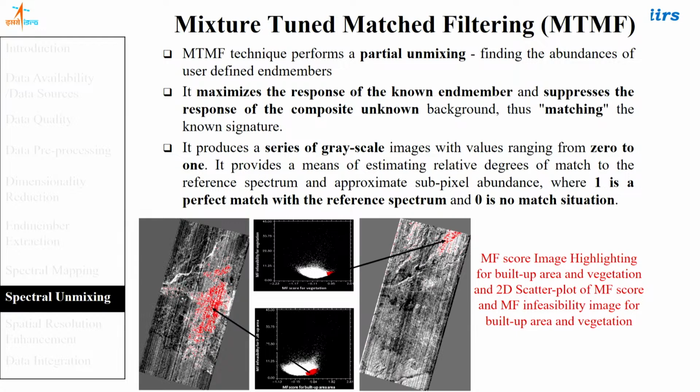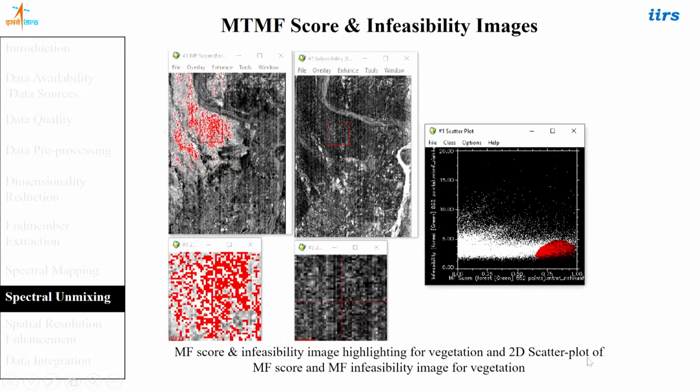So the score should be high and the infeasibility value should be low, then it will be treated as only that feature. Wherever urban is there, you see I have considered high score and low infeasibility value, so urban is highlighted with this red color. In this case also, we took high score and low infeasibility, and the vegetation feature is highlighted.